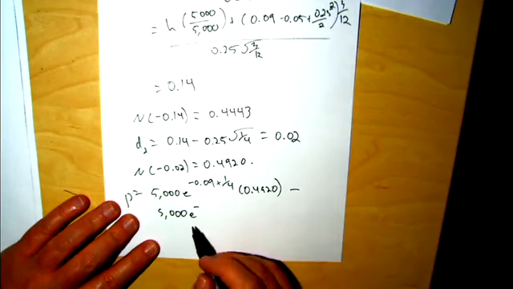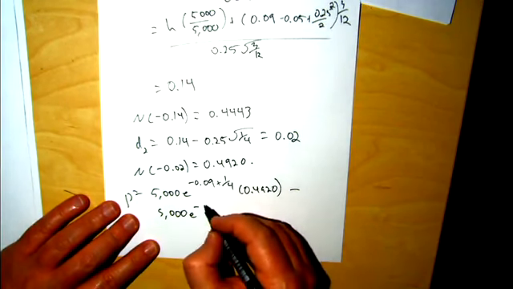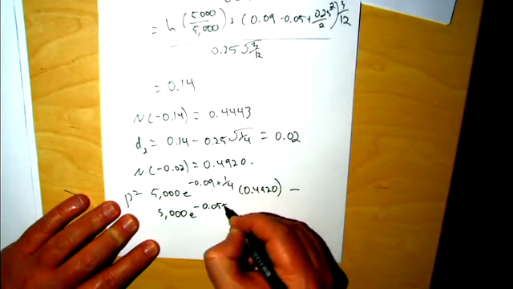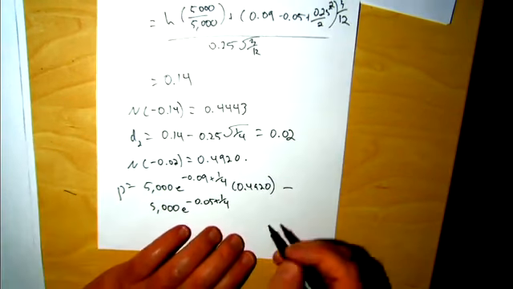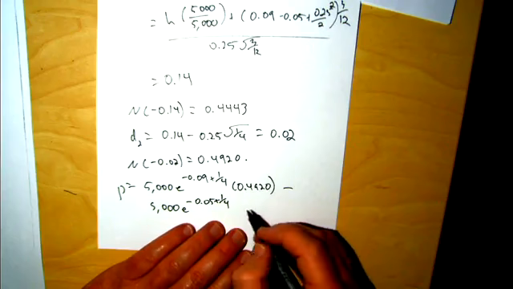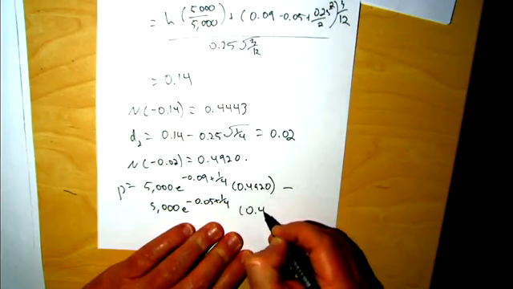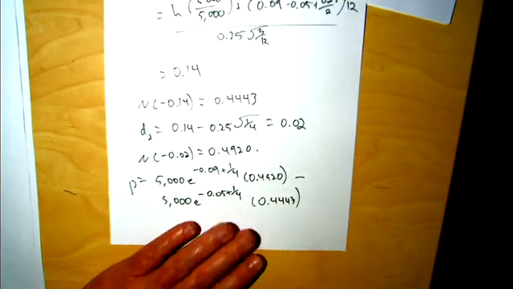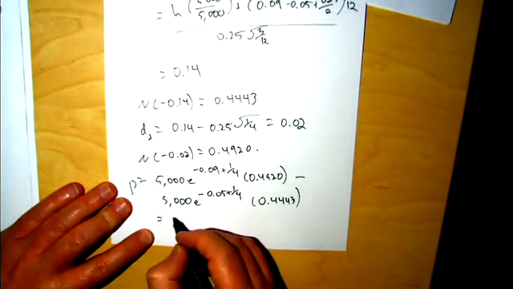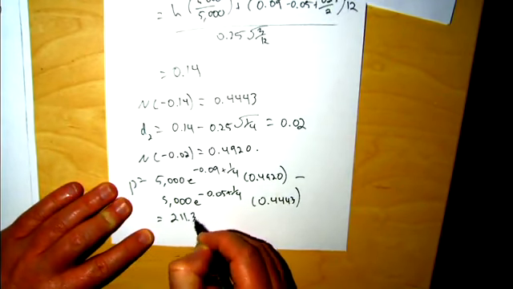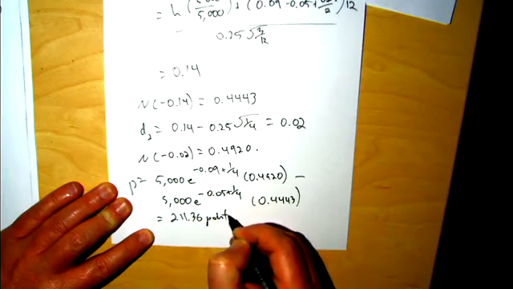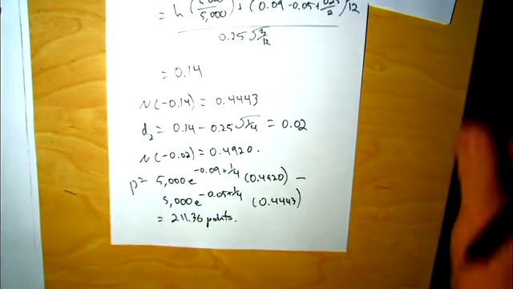So I remove the dividend yield from the spot price. So e to the power of negative 0.05 times a quarter, multiplied by N of negative D1, which is 0.4443, which gives me 211.36 points. What do I need to do now?